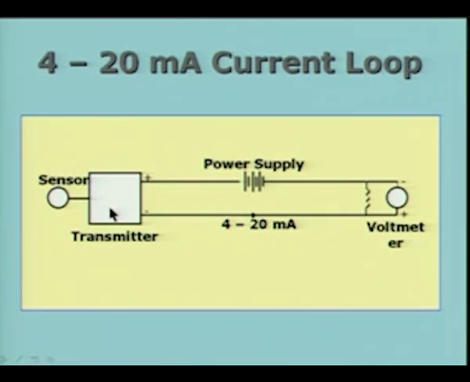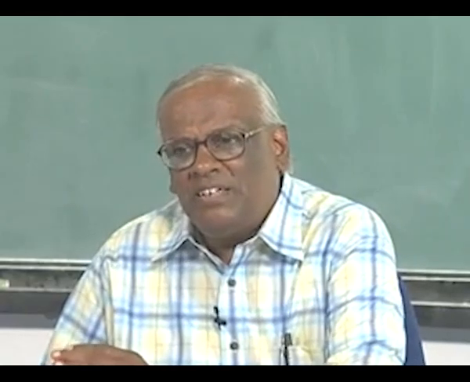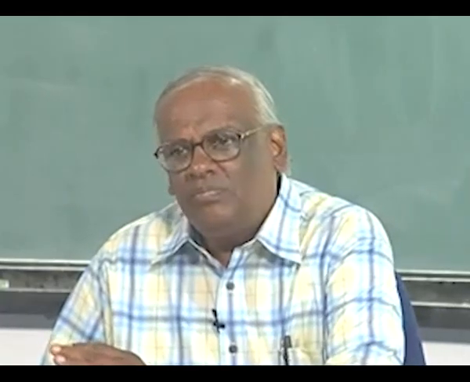So, you have a transmitter. What the transmitter does is it takes the sensor output and modifies it to a current proportional to the sensor output, whatever the sensor may be. If the sensor is a pressure measuring device, the pressure signal is converted to a current.